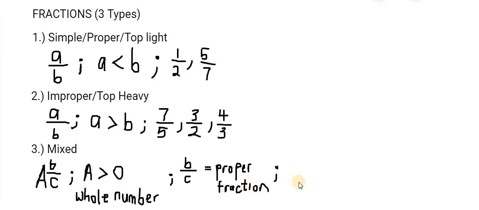What are the examples I'm talking about? So something like 1 and 2 over 3, where 1 is the whole number, 2 over 3 is the proper fraction. Okay, carry on. 3 and 3 over 5, another example, or 7 and 1 over 3.